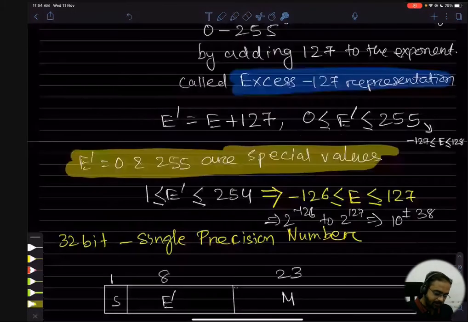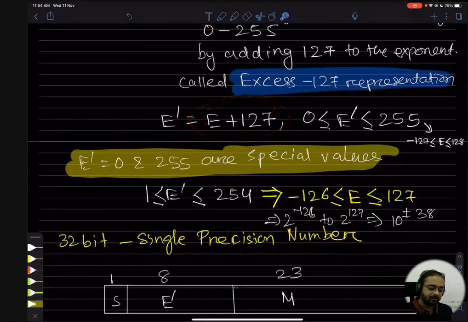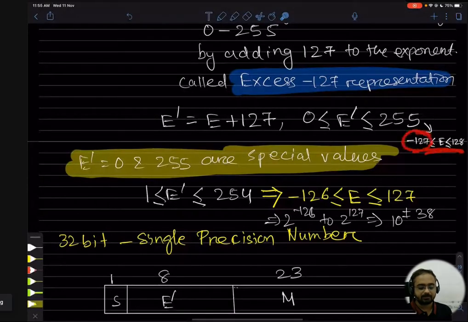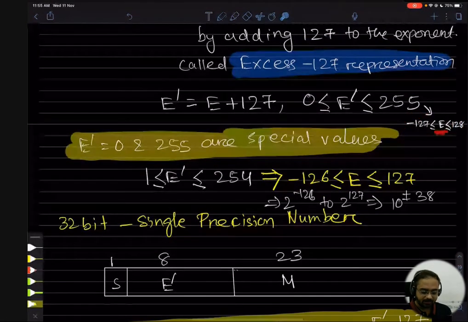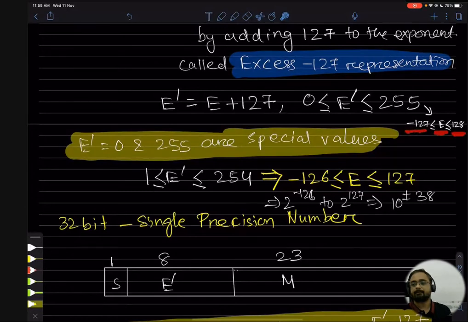Whenever we add 127, the range becomes positive, starting from 0 to 255. If we convert the range to signed number representation, you get a range from minus 127 to 128. So we can represent all real exponents from minus 127 to 128.